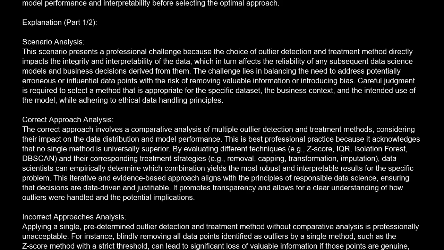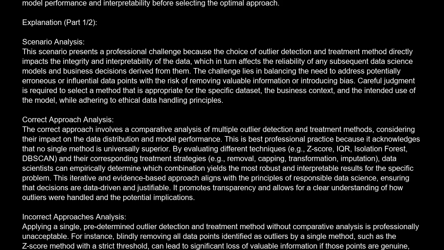By evaluating different techniques, e.g., Z-score, IQR, isolation forest, DBSCAN, and their corresponding treatment strategies, e.g., removal, capping, transformation, imputation, data scientists can empirically determine which combination yields the most robust and interpretable results for the specific problem. This iterative and evidence-based approach aligns with the principles of responsible data science, ensuring that decisions are data-driven and justifiable. It promotes transparency and allows for a clear understanding of how outliers were handled and the potential implications.